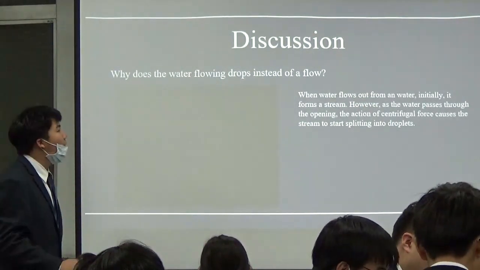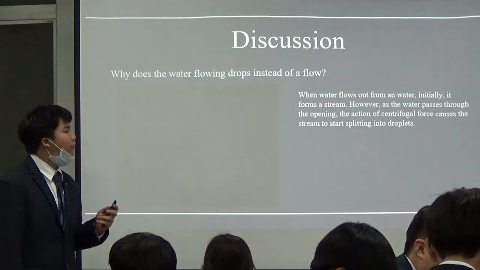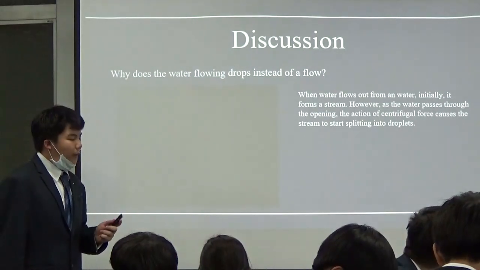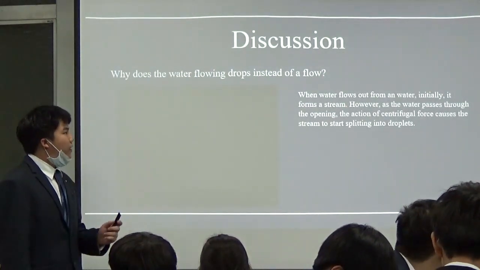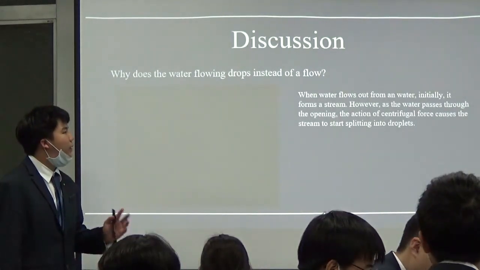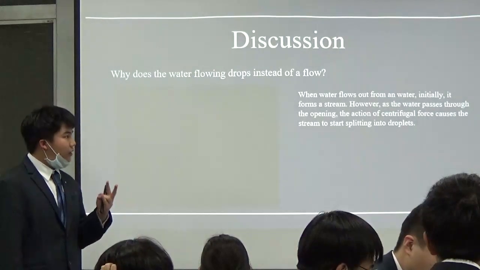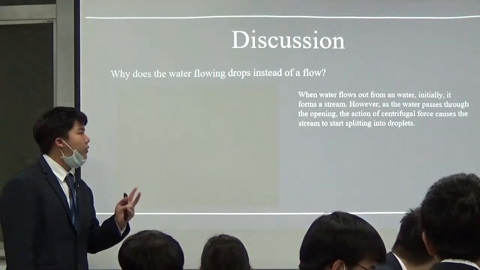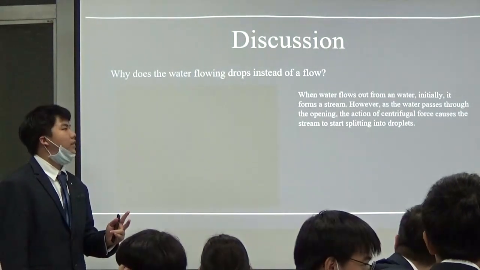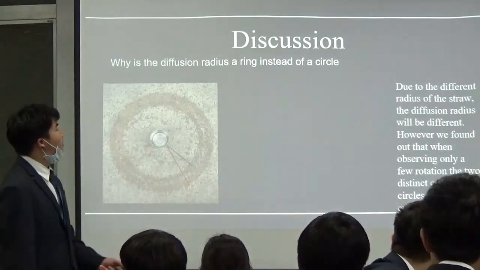This is because when water flows out from the straw, initially it forms a stream. However, as the water passes through the opening, the action of the centrifugal force will cause the stream to start splitting into drops.